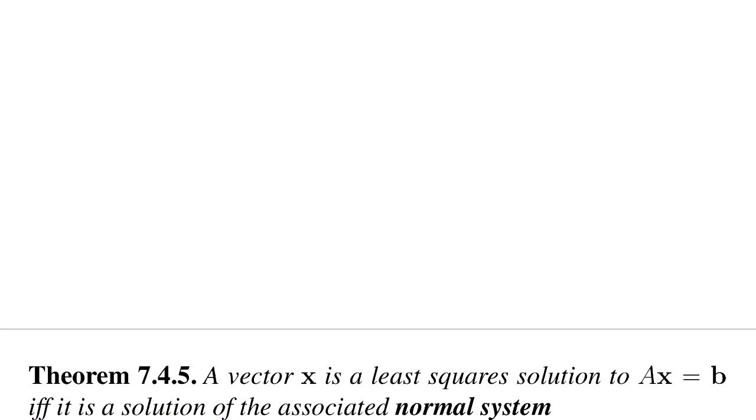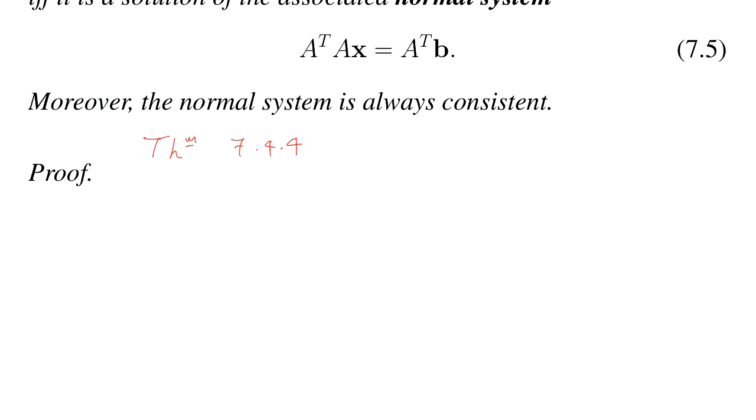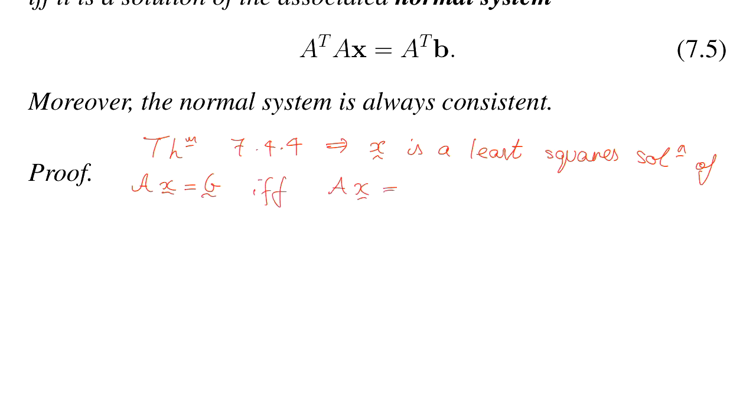Theorem 7.4.4, I think it was. Is that what we just proved? Yep. Okay, so 7.4.4 implies X is a least squares solution of AX equals B if and only if it's an actual solution to AX equals the projection of B onto the column space.